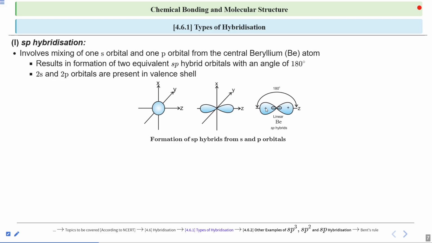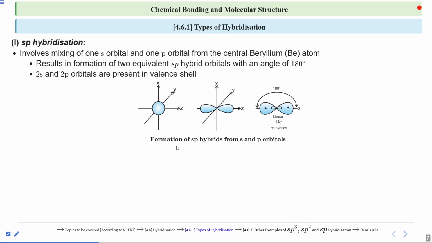There is one positive lobe here, and the corresponding small negative lobe is present on the opposite side. Similarly, on the right side there is a positive lobe and its corresponding small lobe on the opposite side. So these are the two hybrid orbitals of beryllium, and they are at an angle of 180 degrees. This shape is called linear, and it is obvious from here.